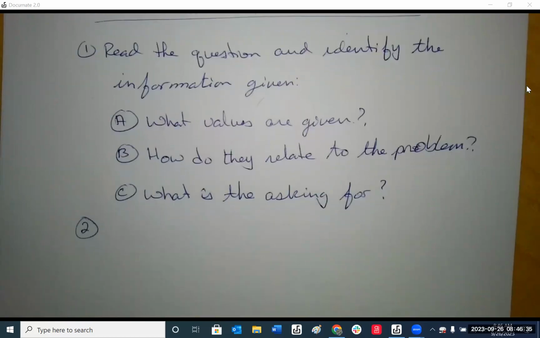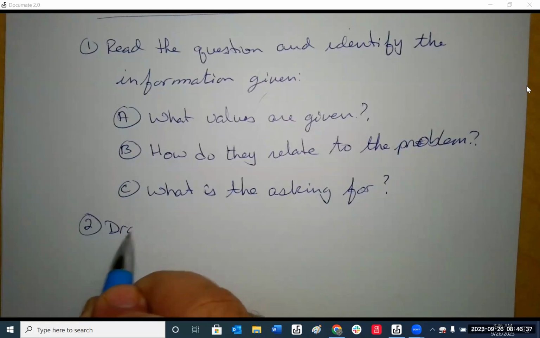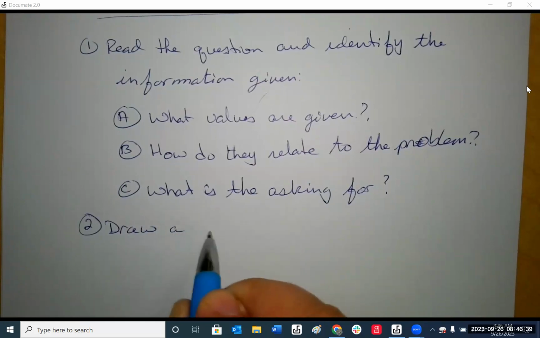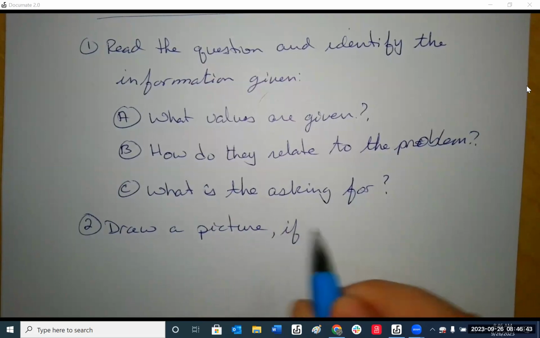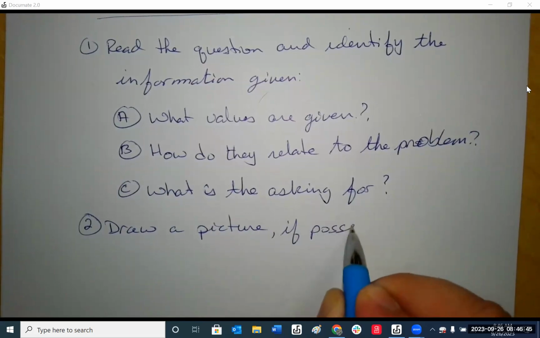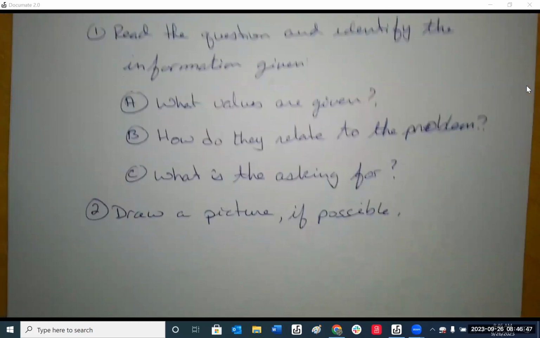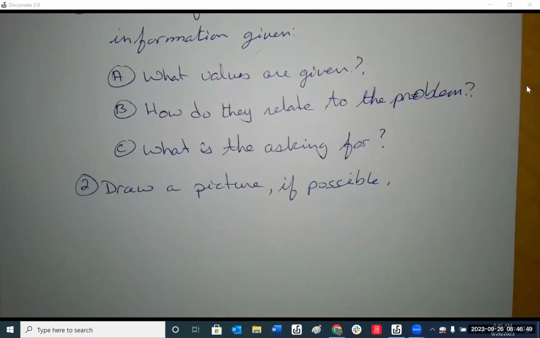Once you do that, draw a picture if possible. Diagram what the question's giving you, what information, what it's looking for, because this way you'll have a better idea. A picture's worth 1,000 words. It may tell you what you need to use.